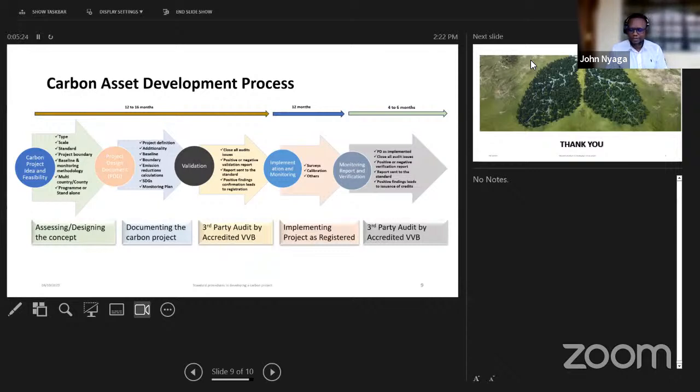And based on the activity you're undertaking or proposing to undertake, whether avoidance or removal, you can now decide which standard to follow. That's a very important decision, because each standard has its own methodology and requirements. And sometimes they even provide the templates that you're going to use throughout your project life.